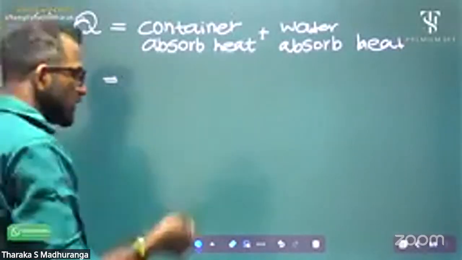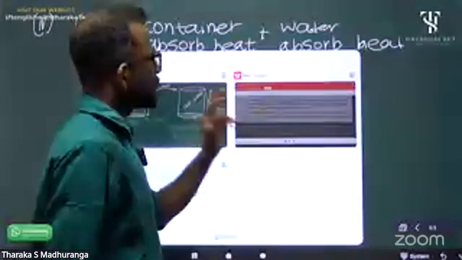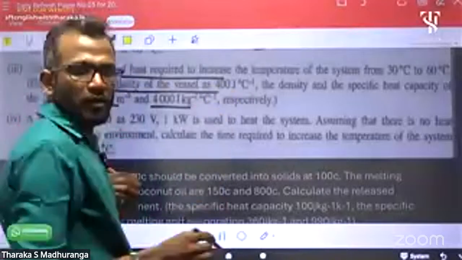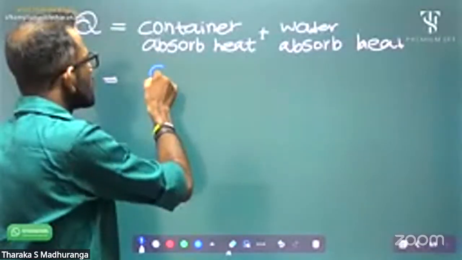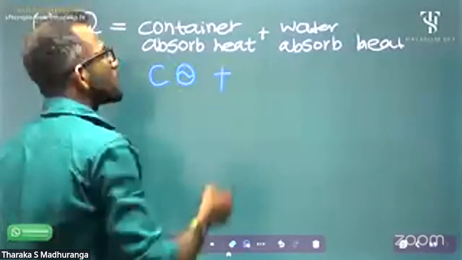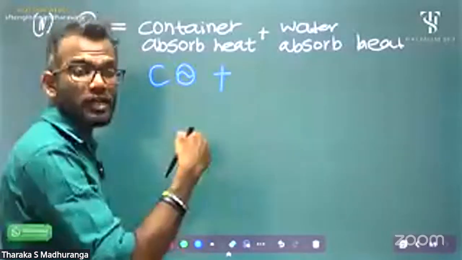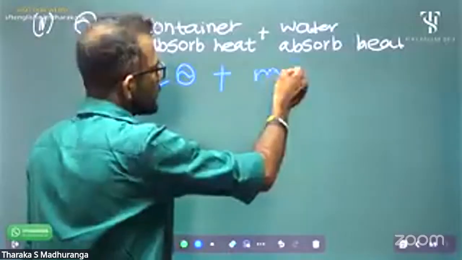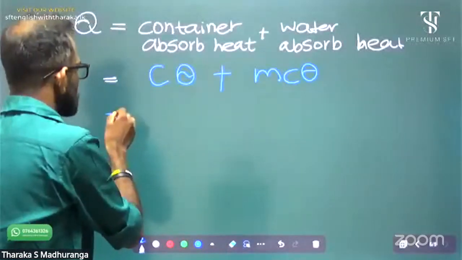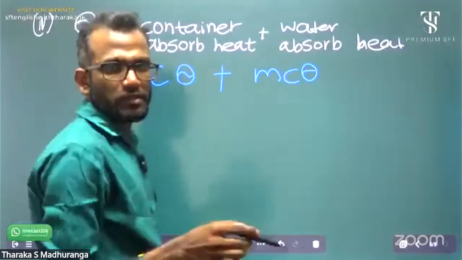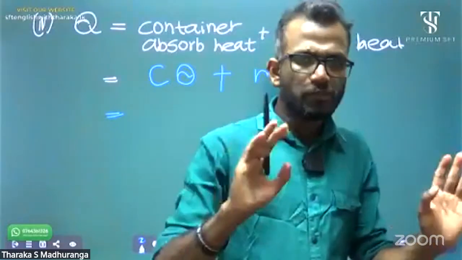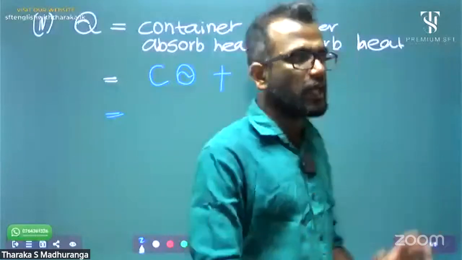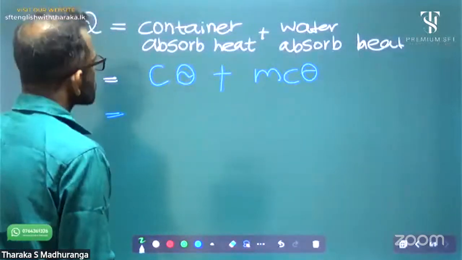For the container the heat capacity is given, so the equation is C theta. Plus the water absorbed heat, the specific heat capacity of water is given, so it is m c theta. That's the method. Now it's only increasing from 30 to 60 Celsius, no physical state changes. Therefore, specific latent heat isn't needed.